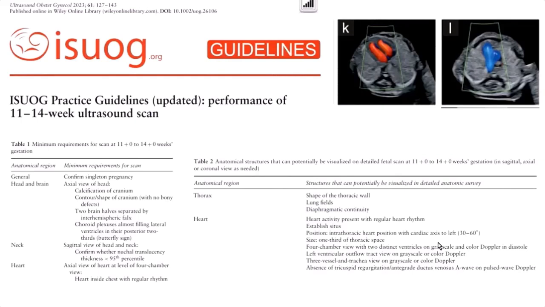Here you can see the recent guideline from the International Society of Ultrasound in Obstetrics and Gynecology, revised in 2023, and the approach to cardiac imaging recommended by that society. Technically, we can do two types of examinations between 11 and 14 weeks gestation.